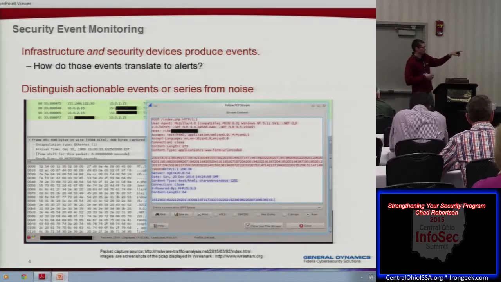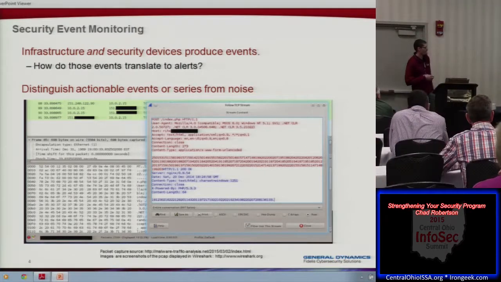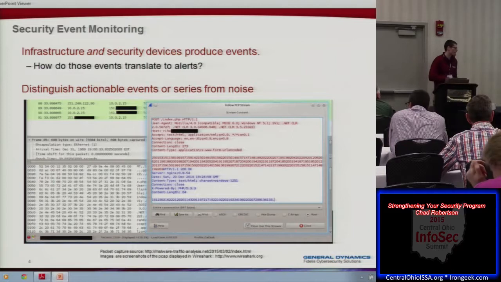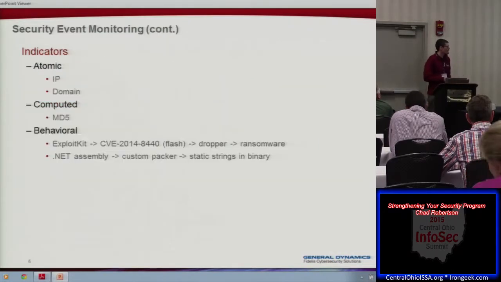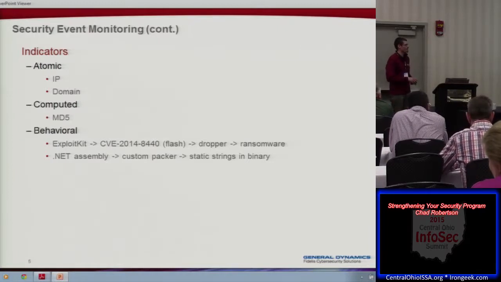A URL, user agent string, some binary or some decimal, some number content there, and then there's a server response. So all of those things are indicators, and the way I like to look at it is you have atomic indicators, computed indicators, and behavioral indicators, and others have framed it this way as well.